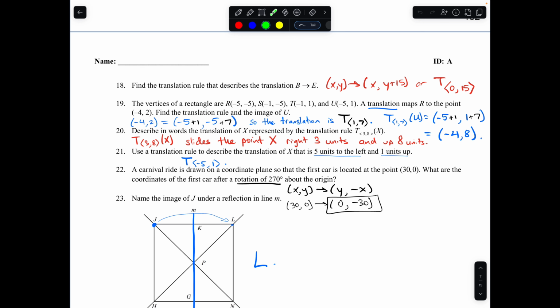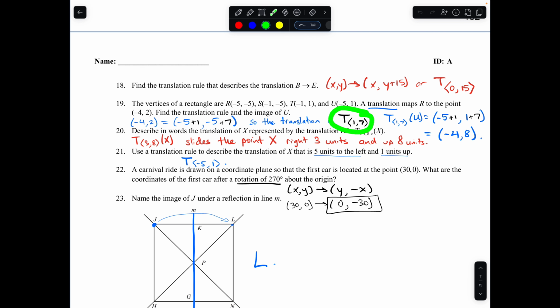So if that point gets moved to -4, 2, we need to find out what we are adding to -5, the original x coordinate, to get -4, the new x coordinate, and we'd have to add 1. Similarly, what do we add to the original y coordinate to get the new y coordinate? Well, we have to add to -5 to get +2. Well, we have to add 7. So the translation is adding 1 to the x coordinate and adding 7 to the y coordinate.